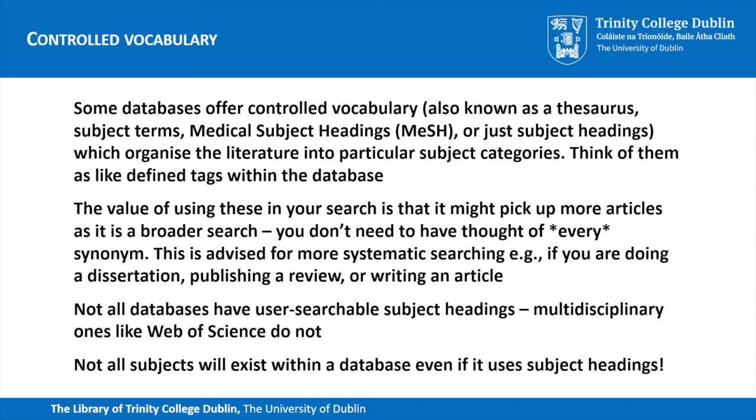An example of that is the thesaurus terms in PsycInfo, which is one of the psychological databases, tend to be all very psychologically orientated. The ones in ERIC are all to do with education, and so on and so forth. Certain things like experience, and people are often searching for people's experiences of a particular concept, don't tend to be the sorts of things that you find as controlled vocabulary.